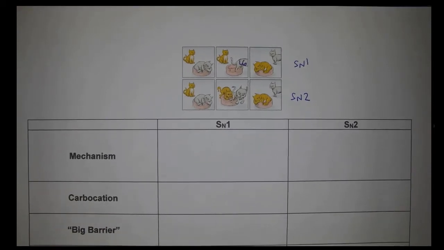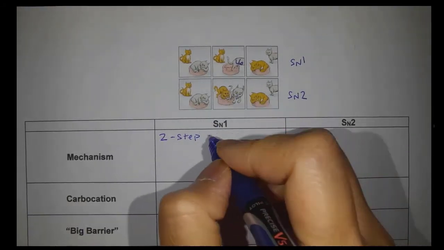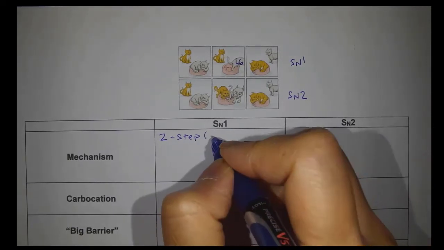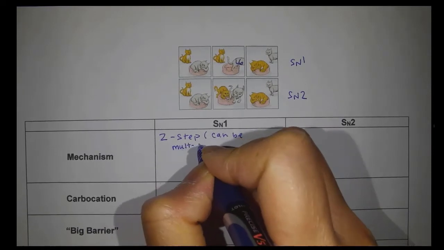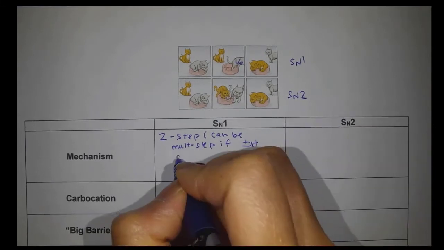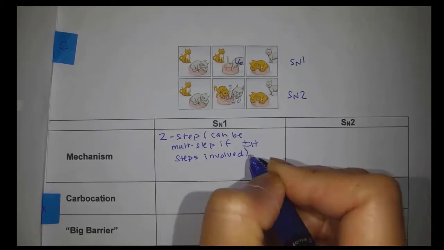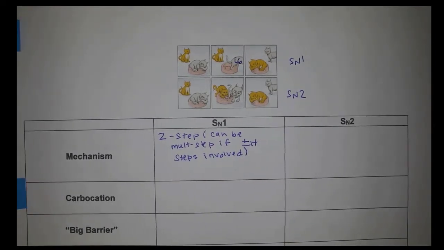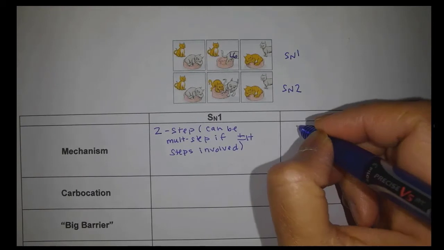Mechanism-wise, they differ very much. The SN1 mechanism is two-step, but it can be multi-step if there are proton transfers involved. The SN2 reaction is one-step.